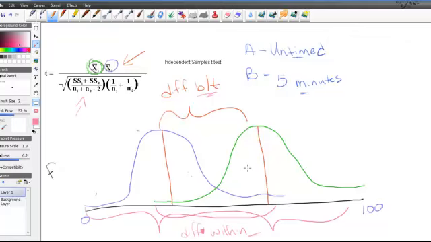So perhaps you assign two different groups, expose them to some kind of different treatment, and then you want to see if those two groups are different. Both of these t-tests are similar in that they are looking at, in the numerator, the difference between groups, and in the denominator, the difference within groups.